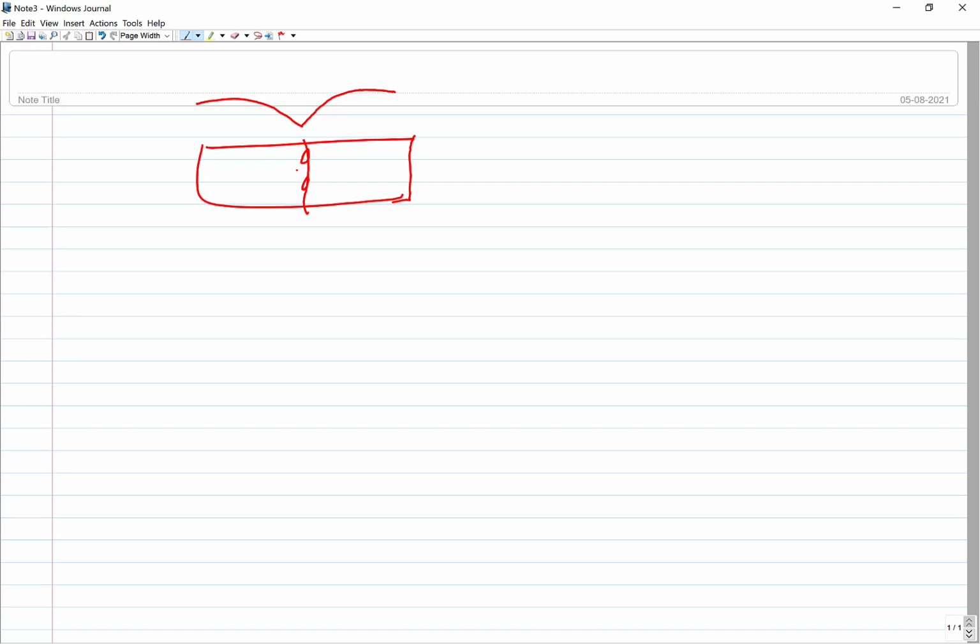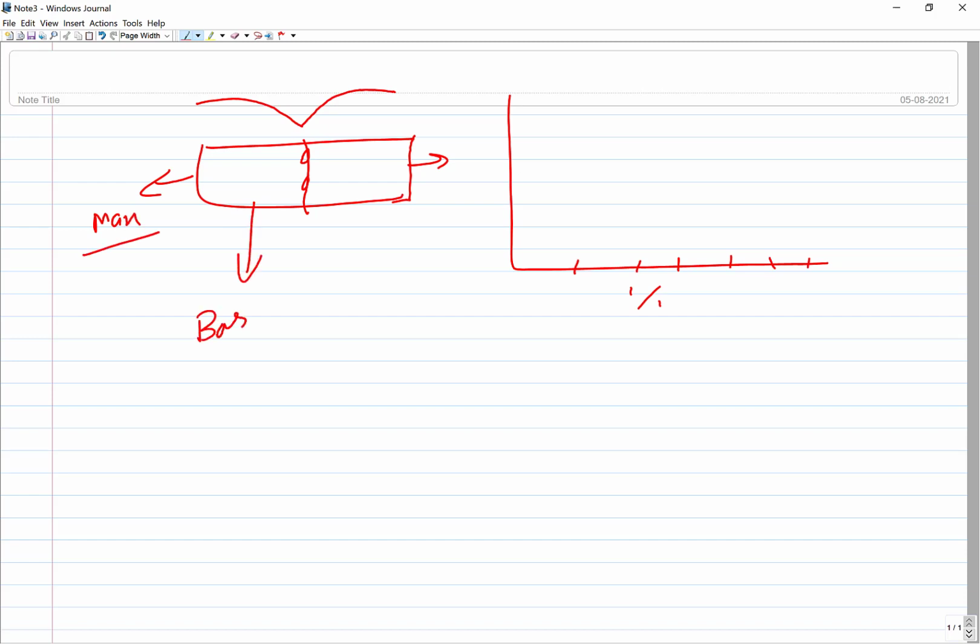So if we draw a plot between the percentage of pores and the joint efficiency, joint efficiency is the maximum load a joint can take compared to the maximum load that the base metal can take. So it is the diffusion bond strength, sigma u of the joint, divided by sigma u of the base metal.